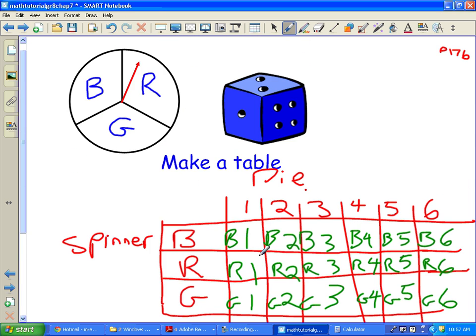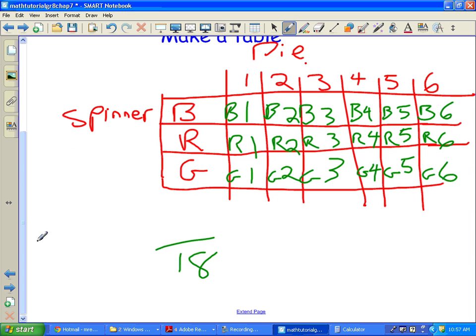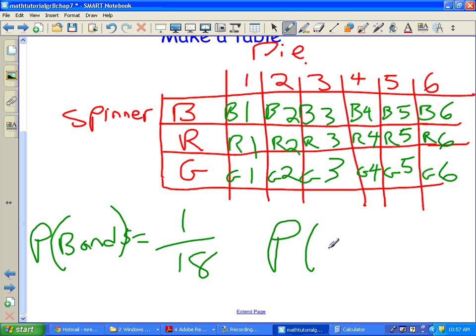So if I want to say what's the probability or the chances of a blue and a 5? Well, let's find the blue and 5. There's 1 chance out of 18. What's the probability I might get a, how about a 6?